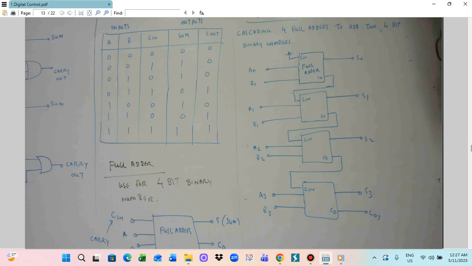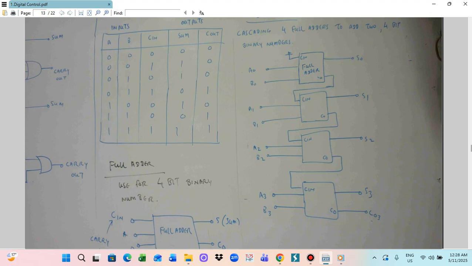Another full adder has a C in and a C out. This one takes A1 and B1, and the carry C out is connected like this. Another adder has a C in and a C out, where this C out is connected to this C in, and then we connect A2 and B2.